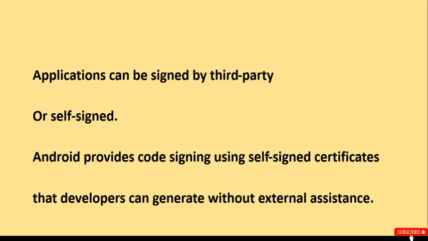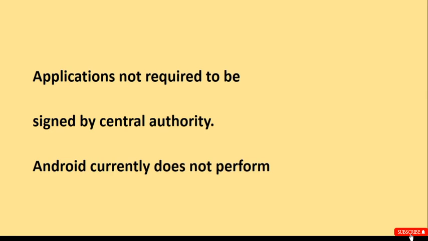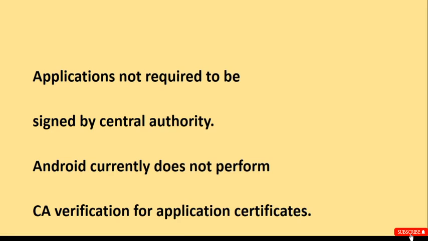Now applications do not have to be signed by a central authority, and Android currently does not perform any certificate authority verification for application certificates. And that can be huge in the case of security, because it may lead to a security compromise if you don't do the CA verification. Of course, it's a little bit different to scale whenever you provide the operating system and you have many different implementers, in comparison to, let's say, Apple, which controls all the devices, and Apple iOS is not running on other vendors' hardware.